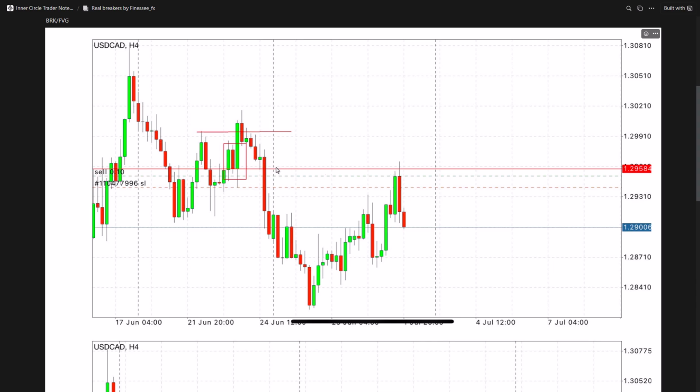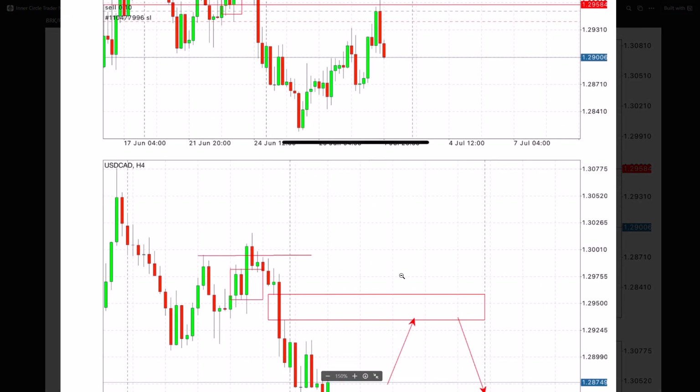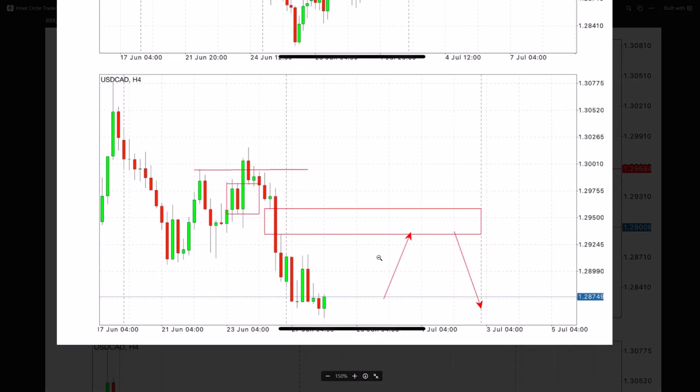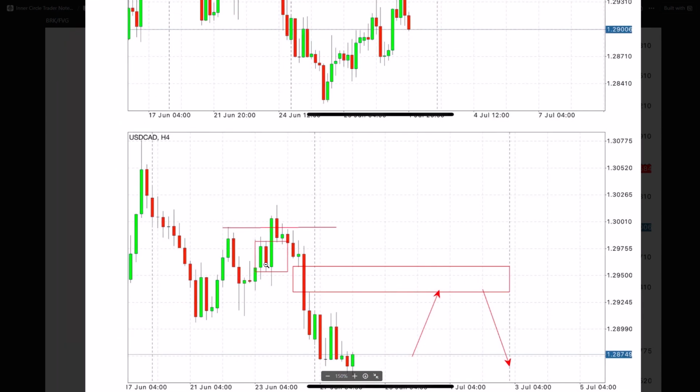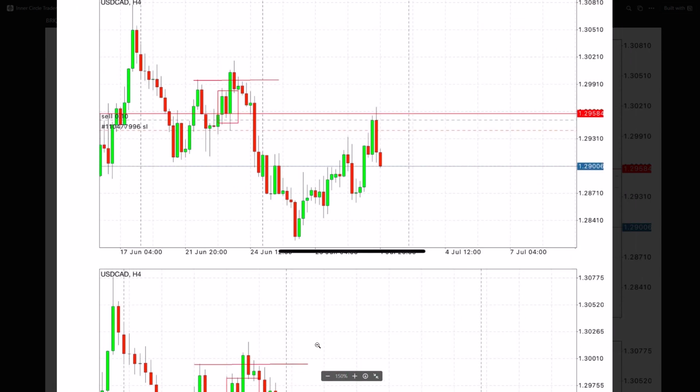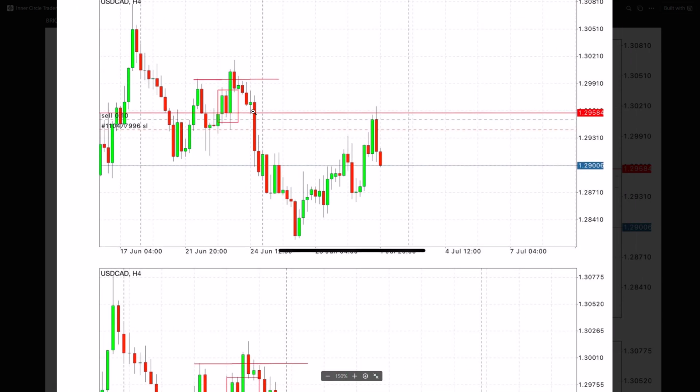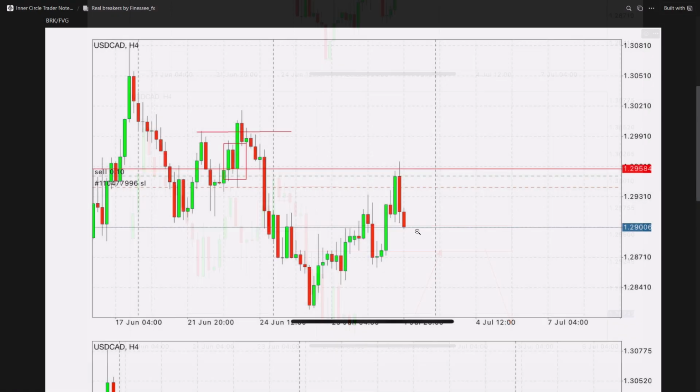This red horizontal line is the body of the breaker, and notice how price came to it and rejected for lower prices from there. So yeah, and of course, as I said, finding a breaker coupled with a fair value gap is usually the highest probability setup. So notice how we came to the breaker, but also within this fair value gap right there, and price rejected lower, as you saw already. So that's example number 2.